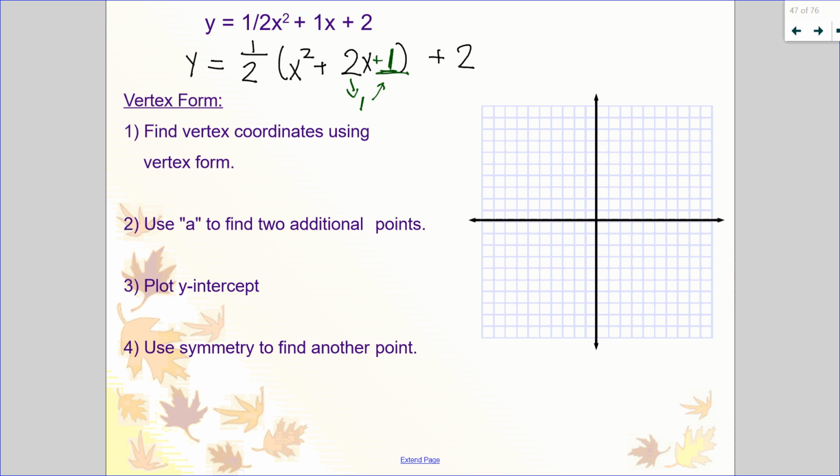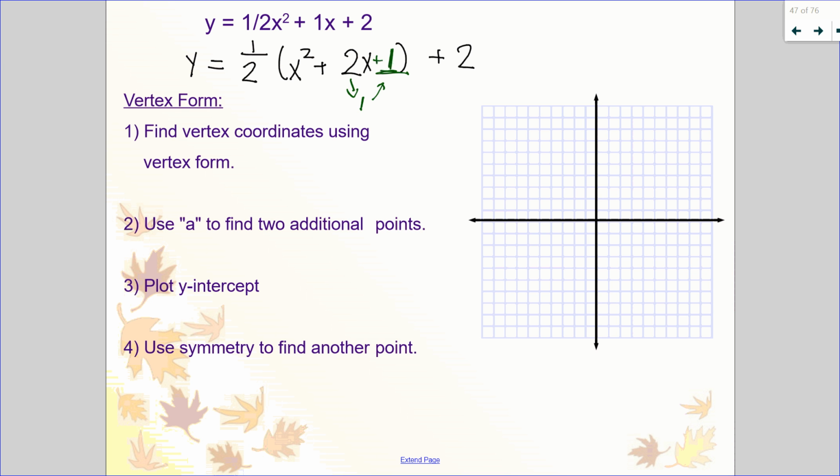Now, did I actually add 1? What did I actually add? I added a 1/2 because I added 1 times a 1/2, because of the 1/2 on the outside.